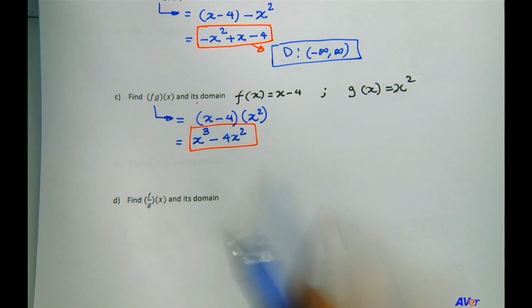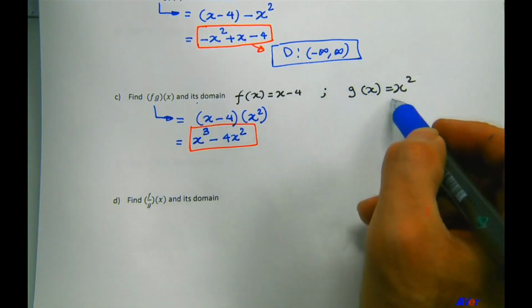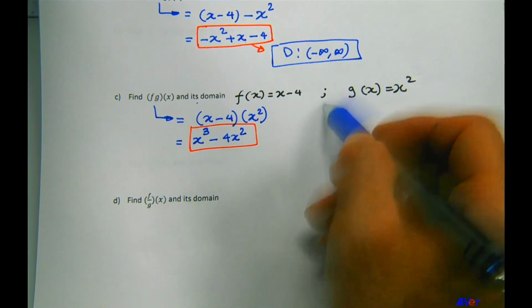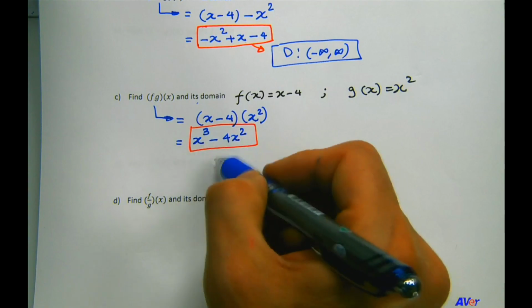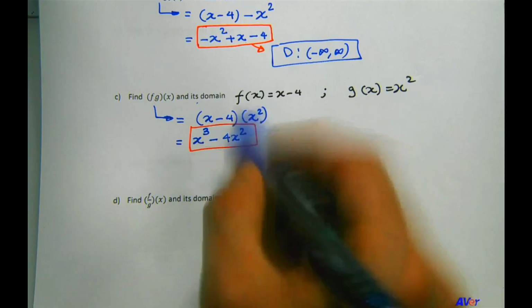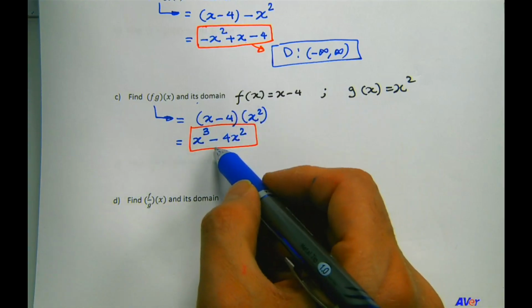So we already know that the parent functions have domain negative infinity to infinity. Now, do you see any restrictions on x in this combined function? In other words, I'm asking you if you see any rational functions with x in the denominator that cannot be 0?